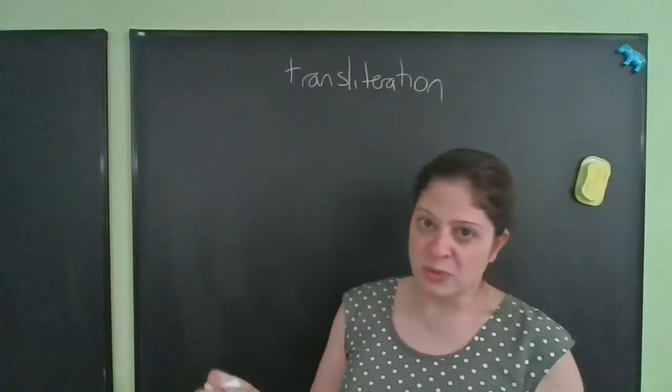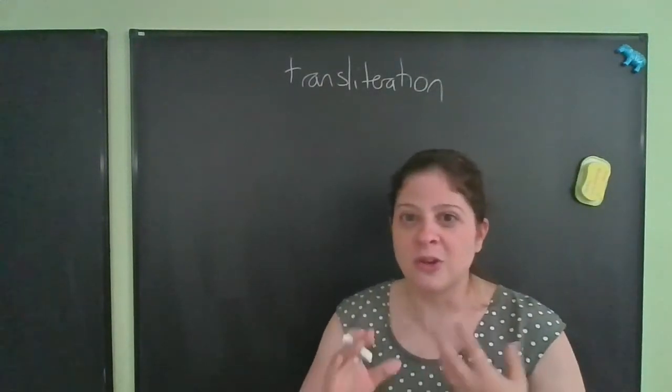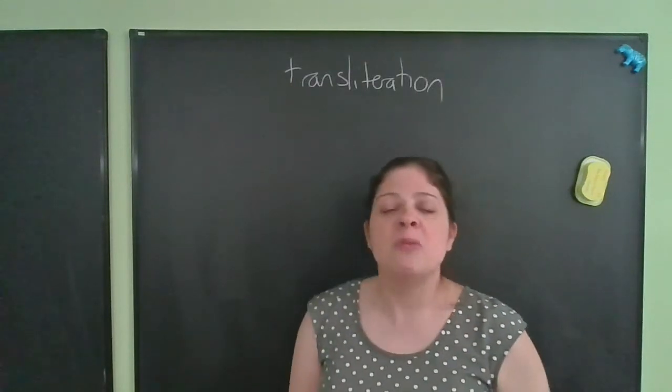So you're not going to see multiple spellings of the same word in English, since we've all agreed on how we would spell a Greek word when we bring it into English.